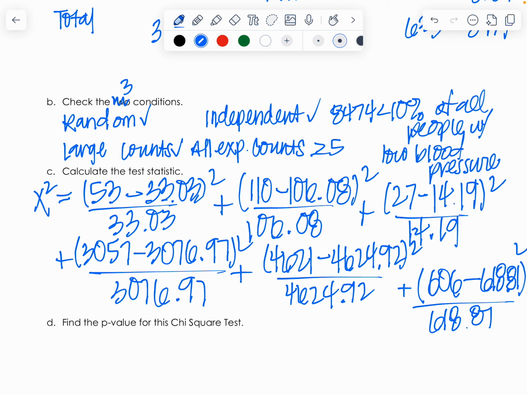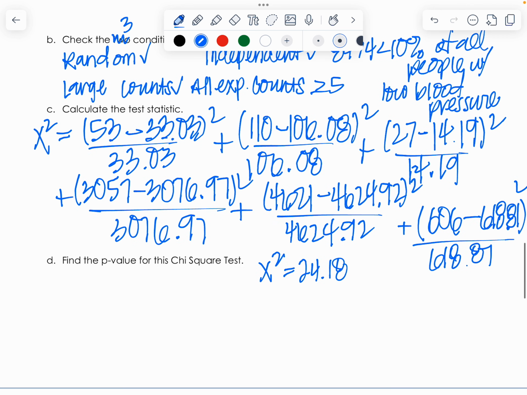Okay, so I am getting a chi-square value here of 24.18. That's pretty large, but we have a few places where our numbers are far apart. So it kind of makes sense.